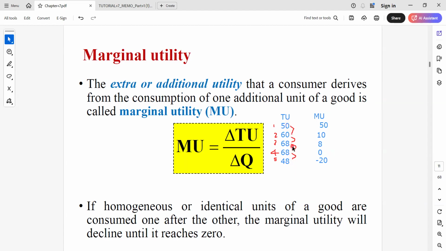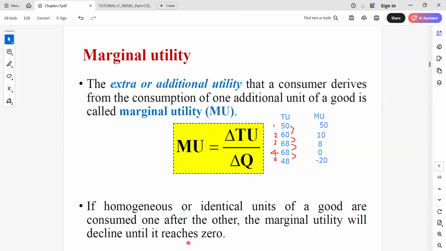So your total utility is increasing at a decreasing rate, because your marginal utility is decreasing. The extra satisfaction from consuming extra units is decreasing, leading to the law of diminishing marginal utility. But we're going to see that as we move on.